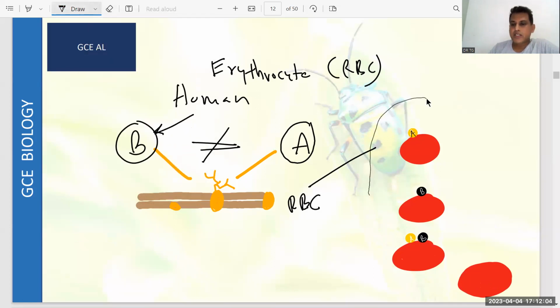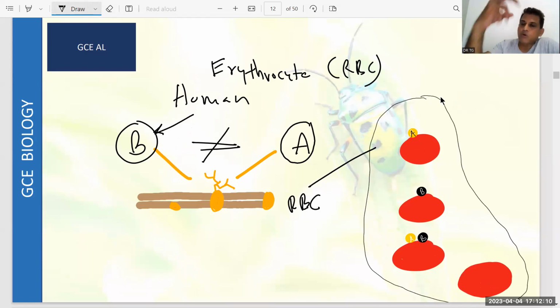Now you can understand that in the human population, some people have A glycoprotein on red blood cells, some have B glycoprotein, some have both A and B glycoproteins on the cell membrane of red blood cells, and some group of people don't have any type of glycoprotein on the red blood cell membrane.